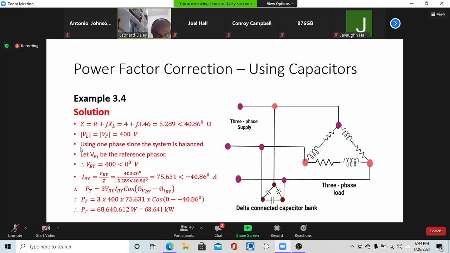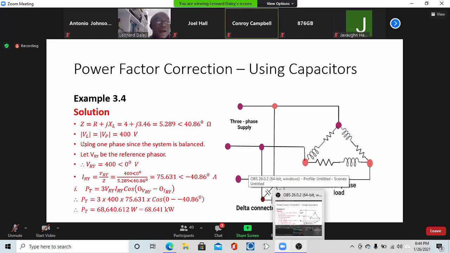Right away I can tell how to find the power factor. Anybody know how you could find the power factor just from what we've talked about already? That angle, sir, just cos of 40.86. Right. Very good.